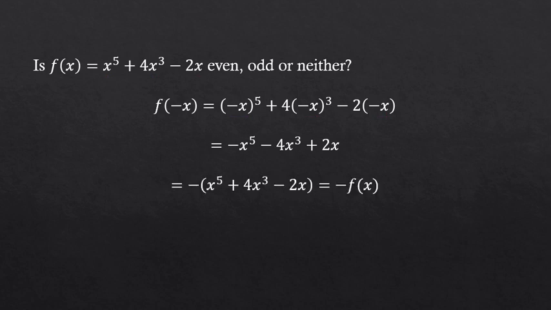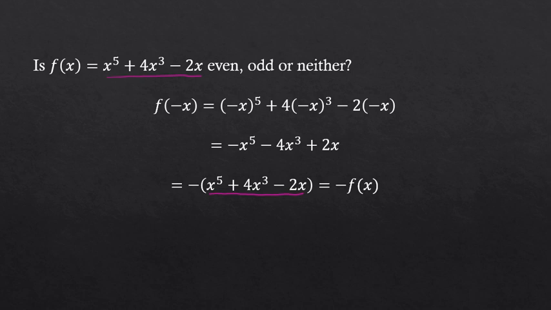And I notice that if I pull the minus sign out of these three terms, what I have inside is exactly what my function f of x was that I started with. So I find that f of minus x is equal to minus f of x.